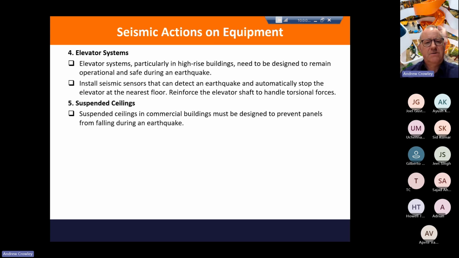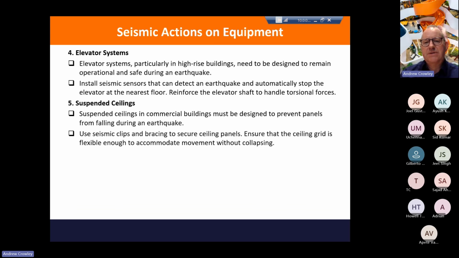This is doubly so when you're loading up the ceiling with bits of equipment as well. So obviously the ceiling, if it's suspended, needs to be restrained.